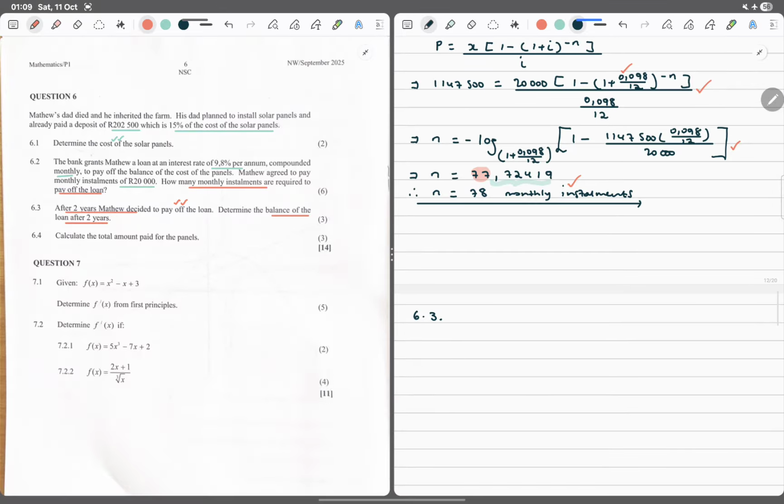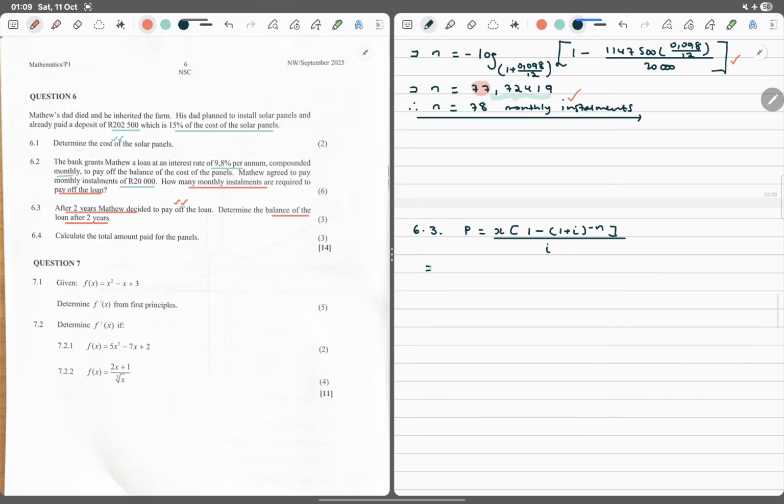Okay. Obviously, guys, we just use our present value here. We know that our present value is x into 1 minus 1 plus i to the minus n, all divided by i.